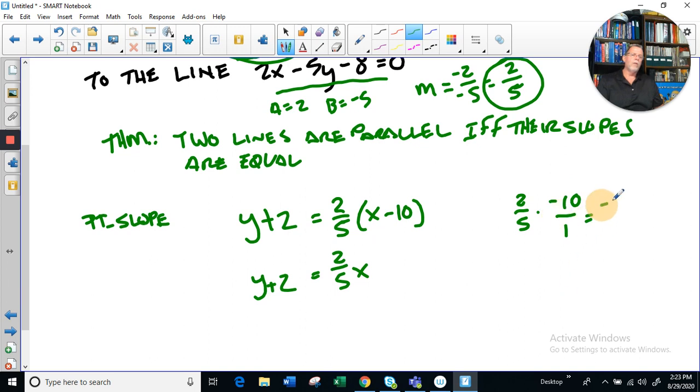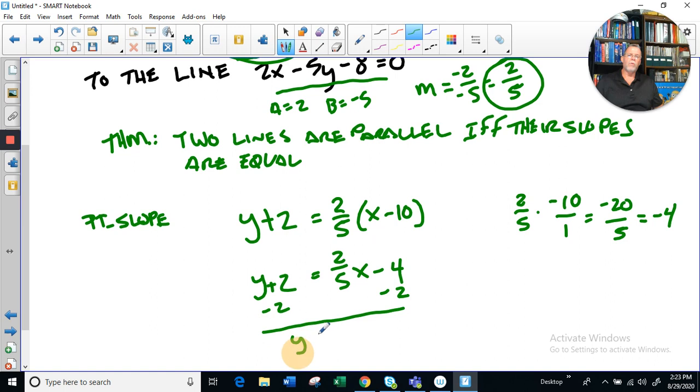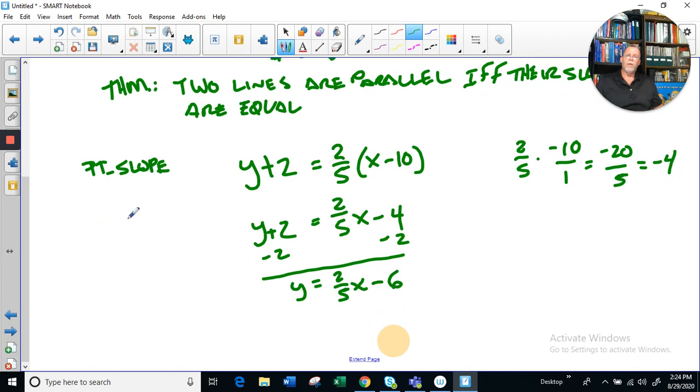So that's equal to -20 over 5, and that is equal to -4. Second step, we eliminate this. Have to do it on both sides to keep our equivalency. So y equals 2/5 x, -4 minus 2 is -6, and we would have this. So we have now arrived at slope-intercept form.